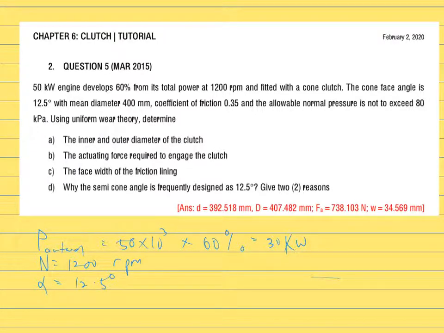Given also the mean diameter dm, which is 400 millimeter, and the coefficient of friction, which is 0.35, and last the normal pressure, which is P, 80 kilopascal.